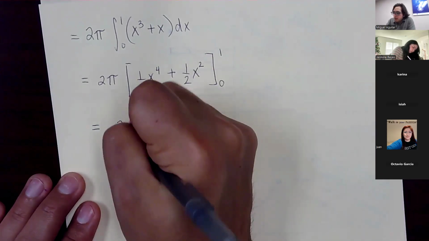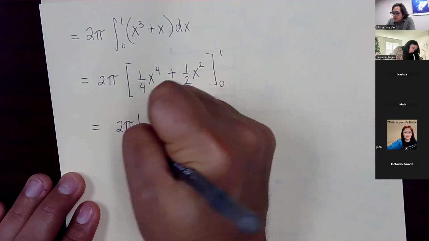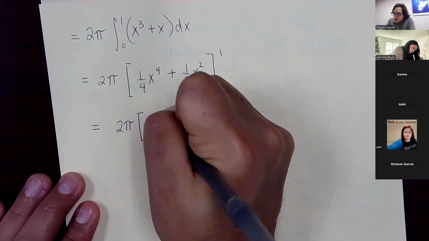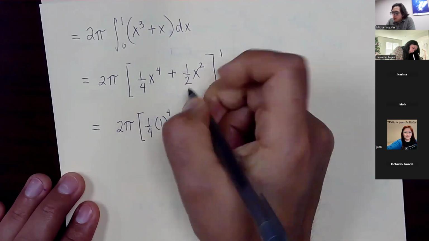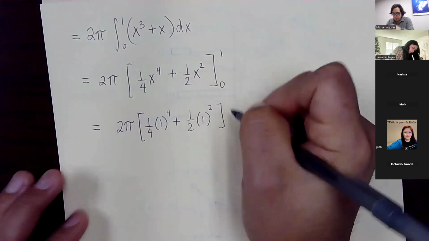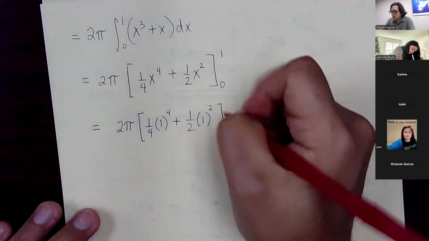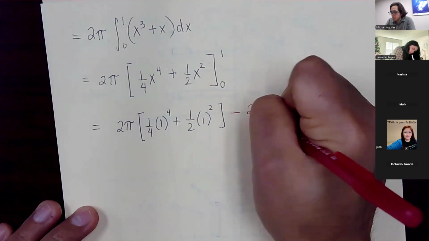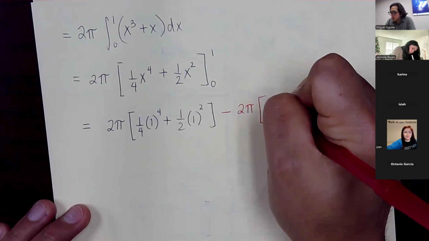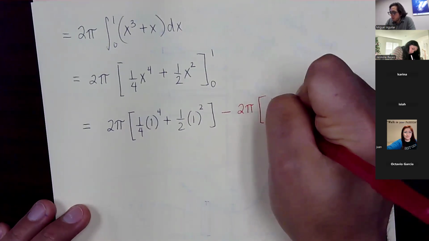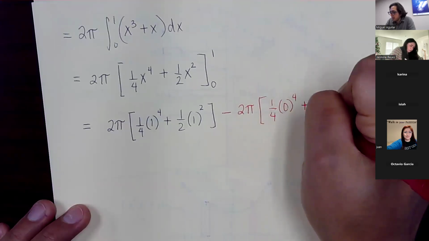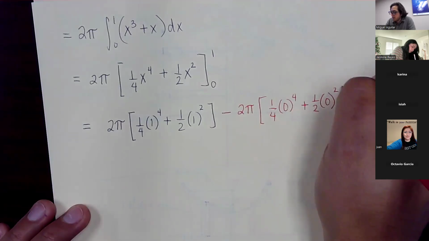And so we should get 2 pi times 1/4 times 1 to the fourth power plus 1/2 times 1 to the second power, minus 2 pi times 1/4 times 0 to the fourth power plus 1/2 times 0 to the second power.